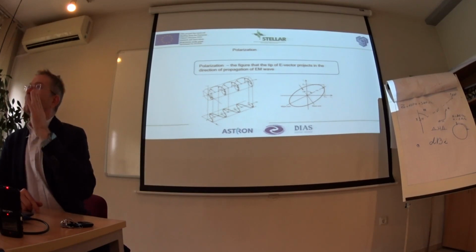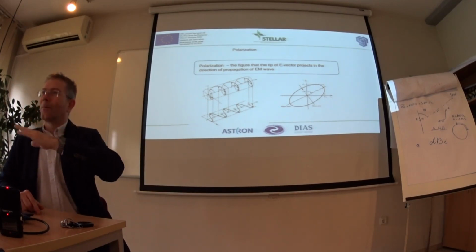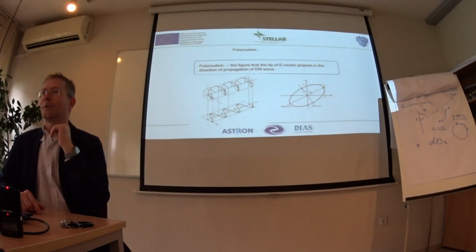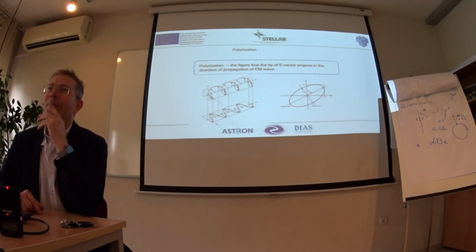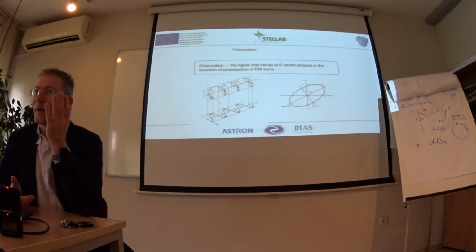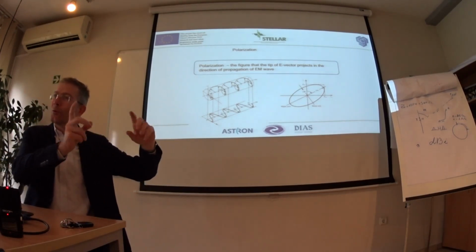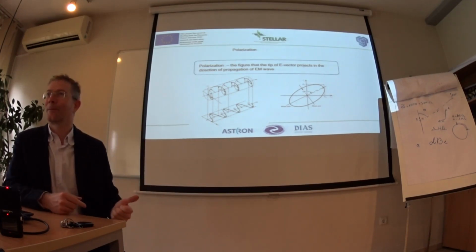But what makes this tip make a figure in space? The source itself is some sort of fluctuation in space. The source makes it, and the source is the antenna. So if we make the antenna force the field to do something, it will do something.